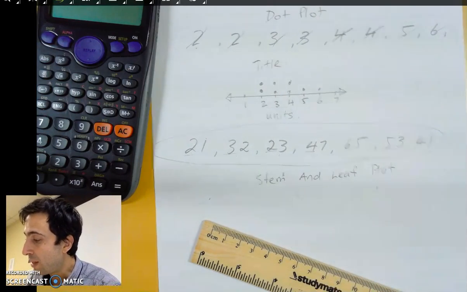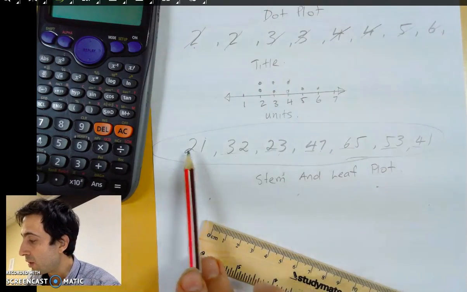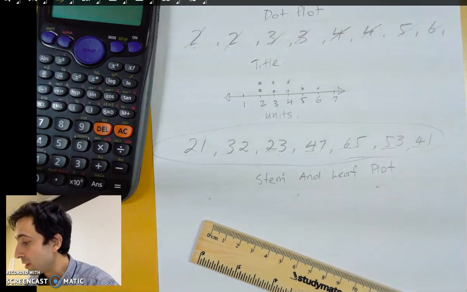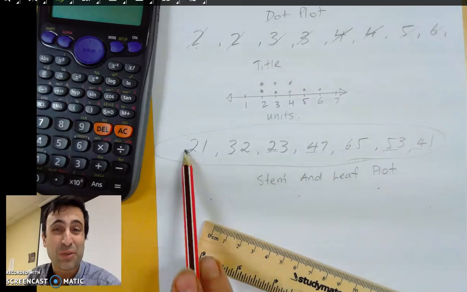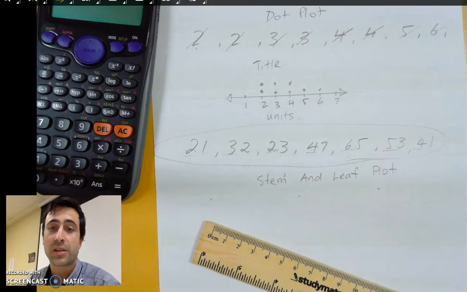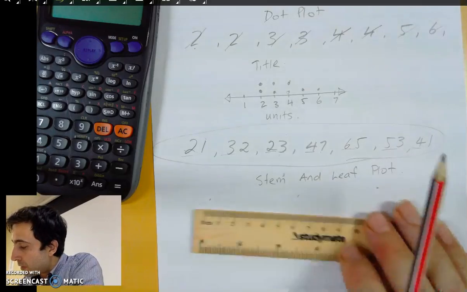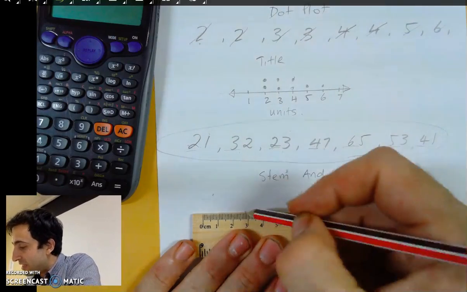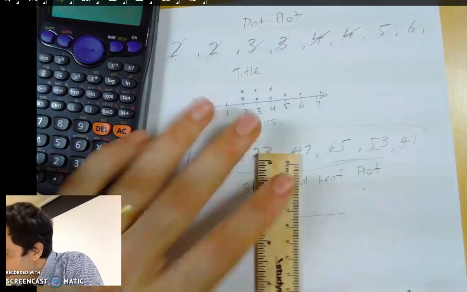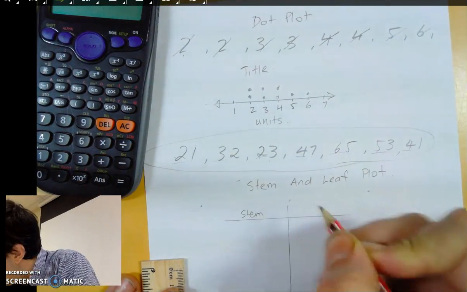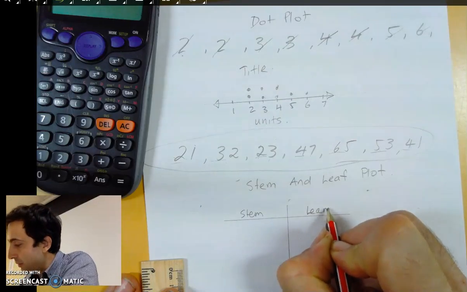Basically, if there's one of the places in the numbers that are fairly close together, we can represent them in a stem and leaf plot. A stem and leaf plot is special because we effectively have a stem, oops, I can spell leaf, beg your pardon.